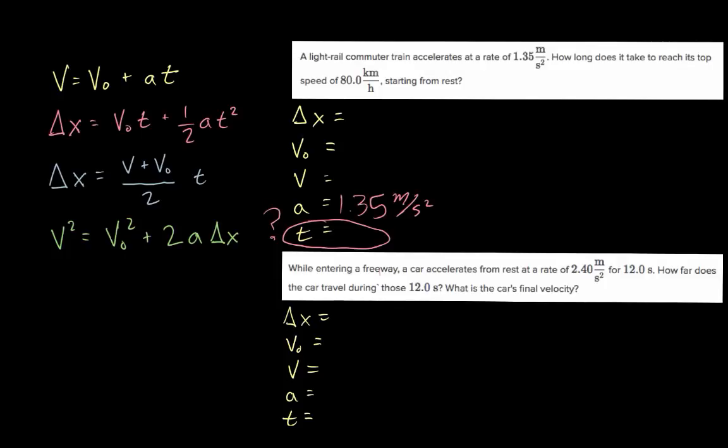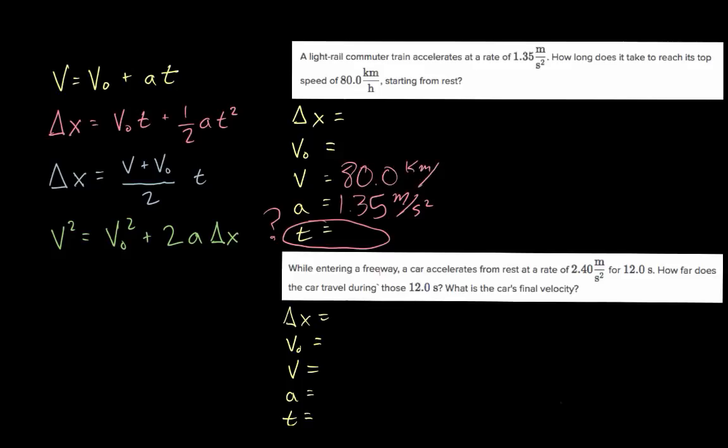All right, so if we keep going here, how long does it take to reach its top speed of 80 kilometers per hour? So that's saying its top speed is 80 kilometers per hour. When it's done speeding up, it'll be going at 80 kilometers per hour. So that's the final velocity, or just our velocity at the time here. So that's 80.0 kilometers per hour.